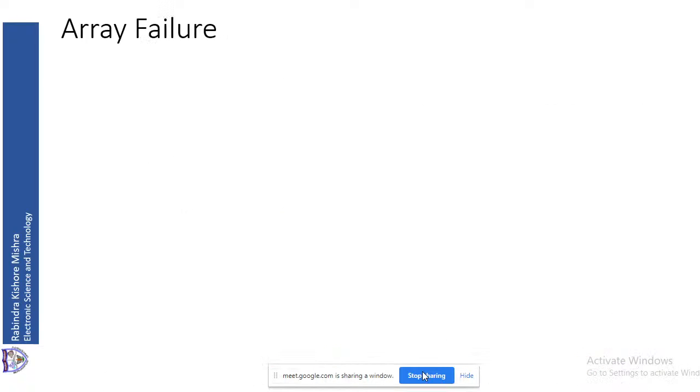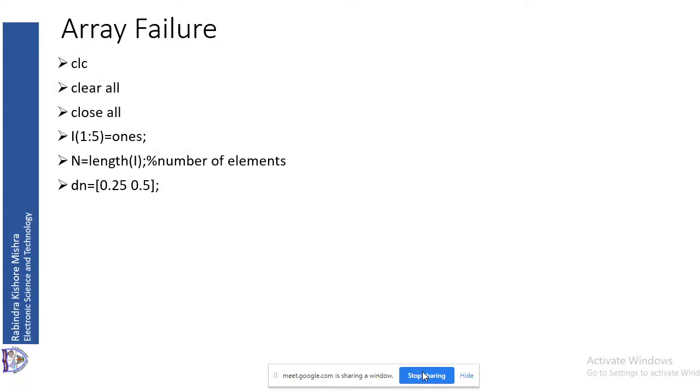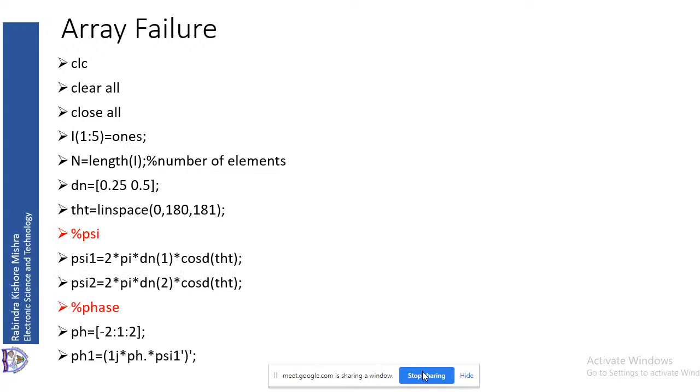Okay, then finally I will come to this array failure, which means you take an array of 5 elements, 10 elements, 20 elements. If one of the elements has failed, it's not working properly, what will be the pattern, how much is it going to change? That you can see.